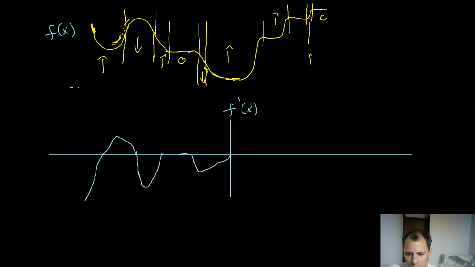Okay. And now it's going to start increasing, increasing until it gets to this point when it's 0. When it gets to this point, it's going to start decreasing again, and it becomes 0.